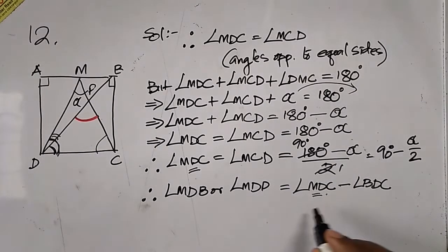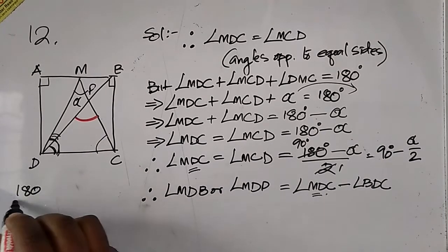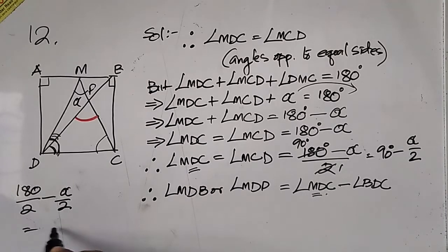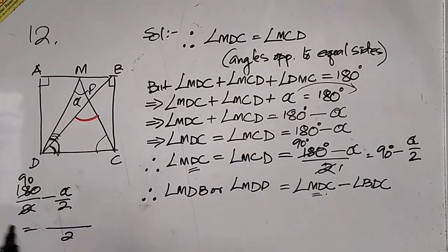All right, just a rough work that I'll be showing you. 180 by 2 minus alpha by 2. The common here is 2, right? So we can actually cancel this. 2 90s are 180. So we are left with 90 minus alpha by 2.